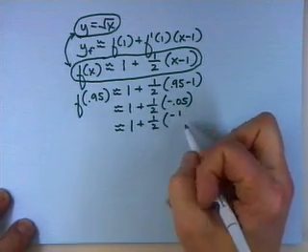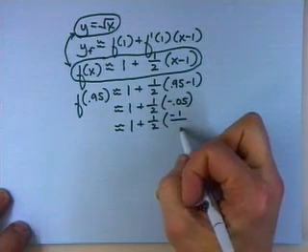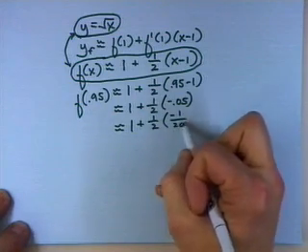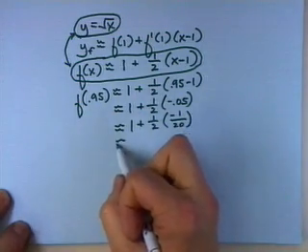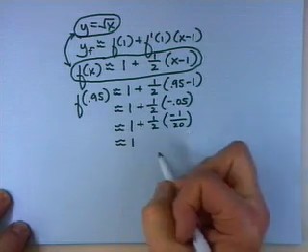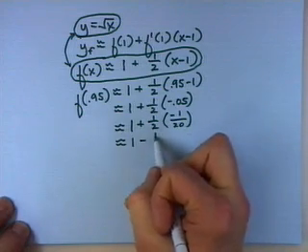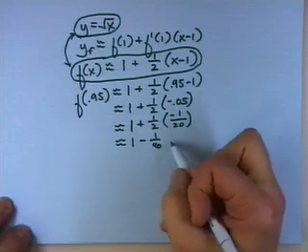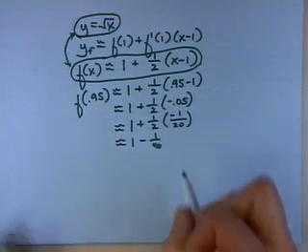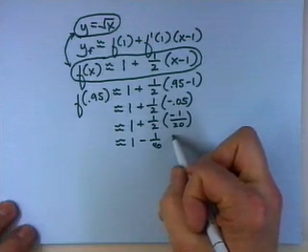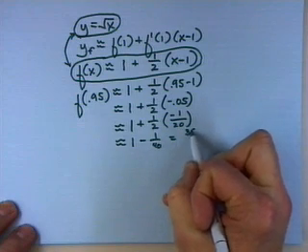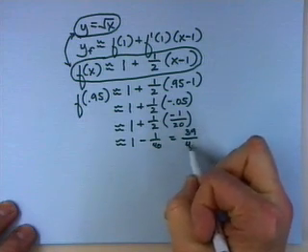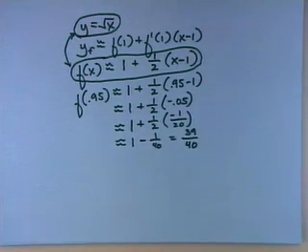Negative 1/20th, is that right? So 1 minus 1/40th? 39/40ths? Somebody check that out with a calculator. We'll check the result out.